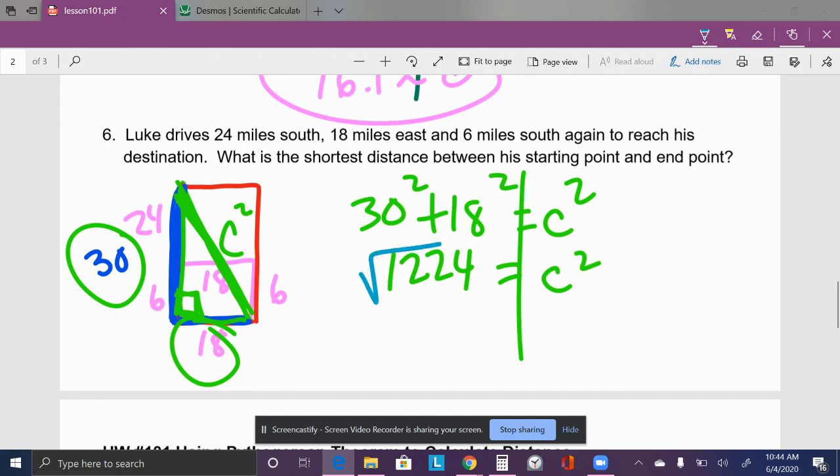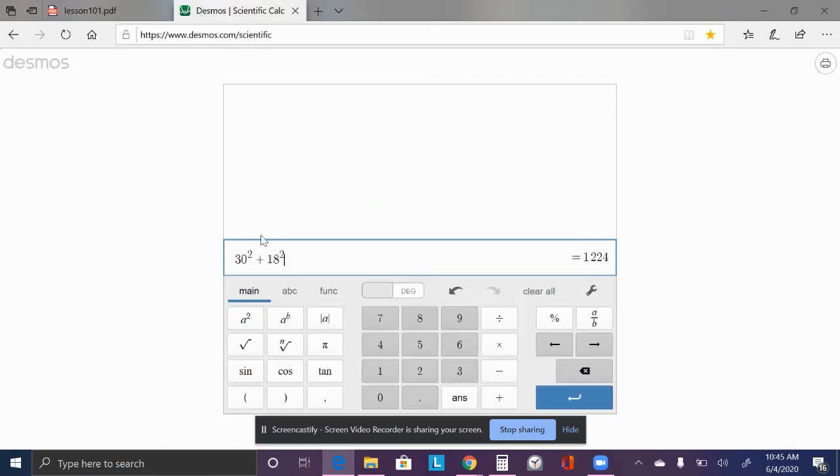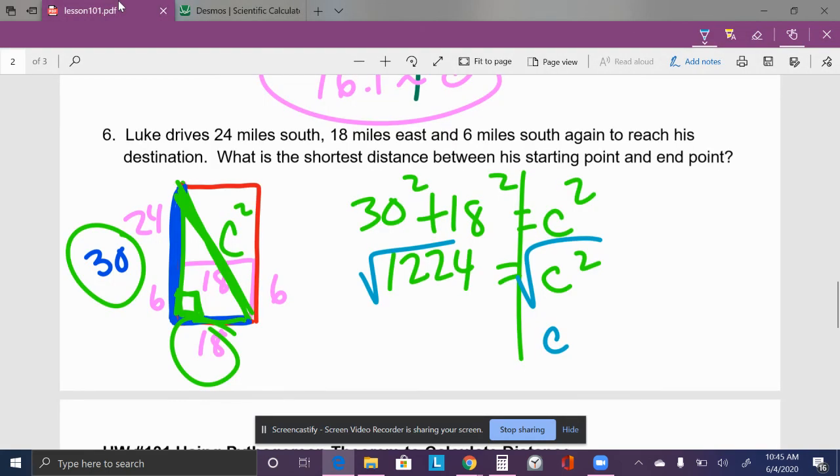You got to square root this side to get rid of the square. I do know it is c, which is going to be by itself. So the square root of 1,224 is 34.9. If I got to round this, it's about 35.0.